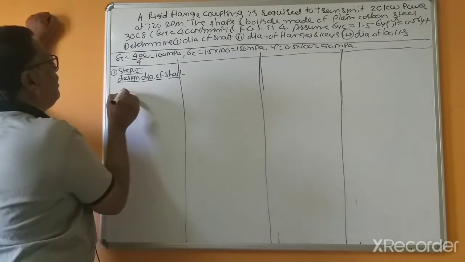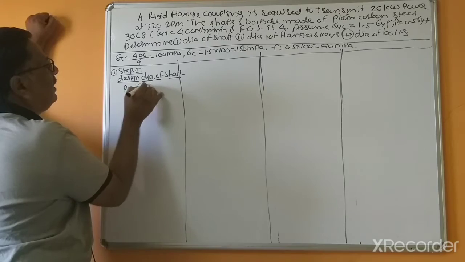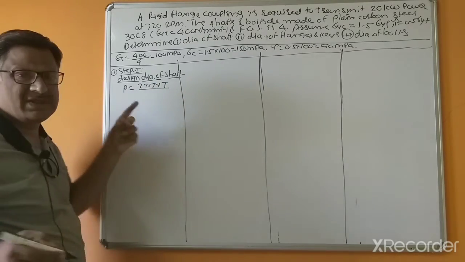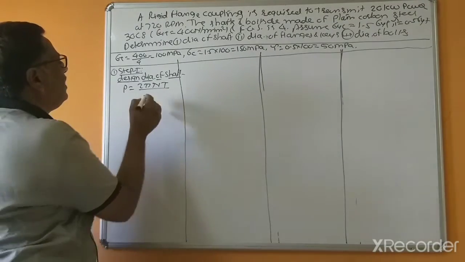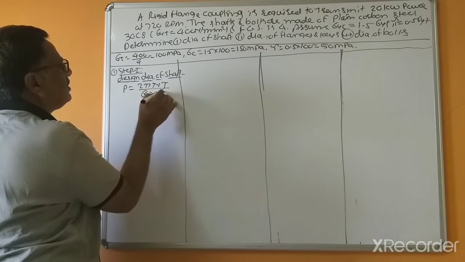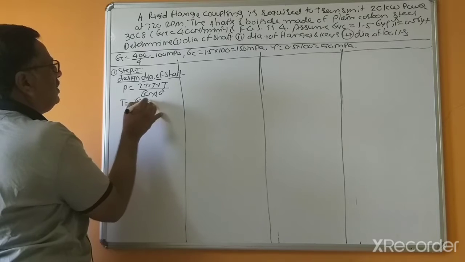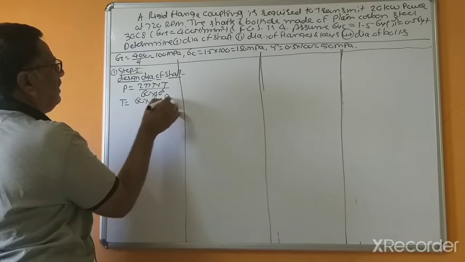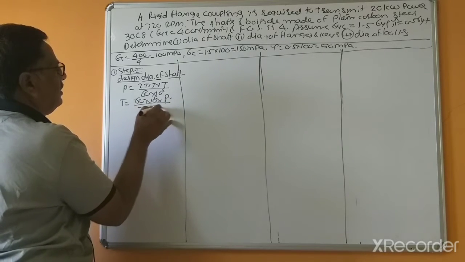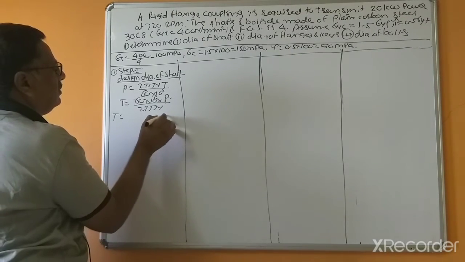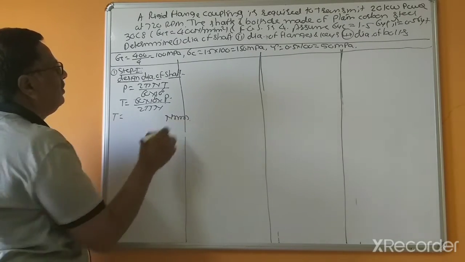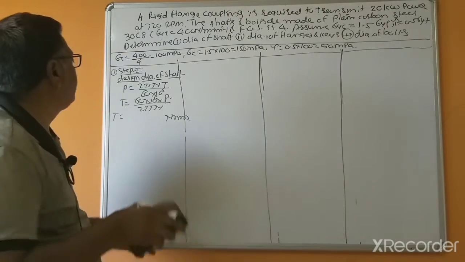Now by using the formula P equal to 2 pi n T divided by 60 into 10 to the power 6, always remember this formula. So T equal to 60 into 10 to the power 6 multiplied by P divided by 2 pi n, and T you will get in Newton mm.